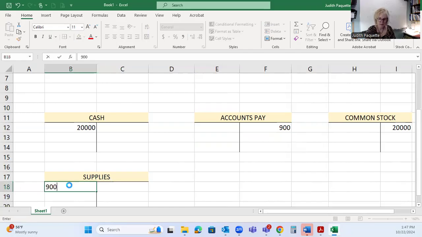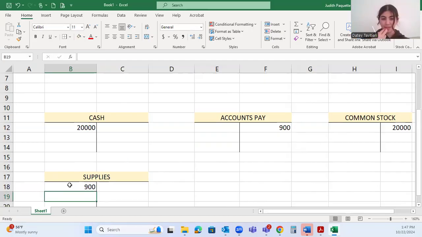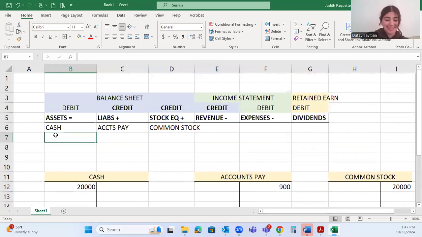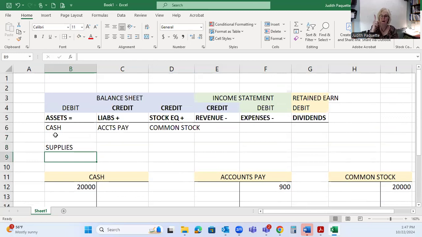Why debit, why credit? Give me the rule. Is it because debit is the things we already have, and then credit is what we have to give? Not quite. So supplies is an asset, and assets go up with a debit. That's what I mean by rules of debit and credit. So here's the rules.